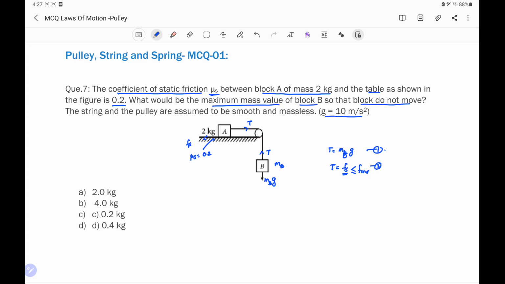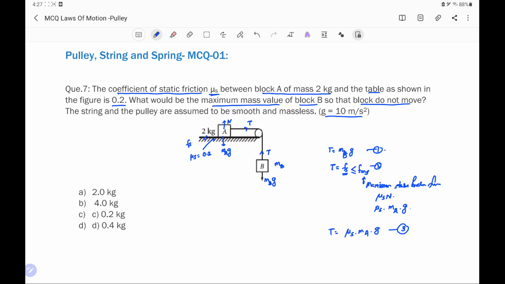This is the maximum static friction force, whose value is mu s N. And here N is the normal on A, which has the mass MA, into g, this is the weight, and normal is N. So N equal to MAg. So we can write the maximum static friction force is mu s into MA into g. That means T equal to mu s into MA into g. This is equation number 3.